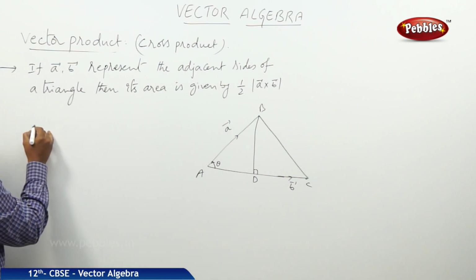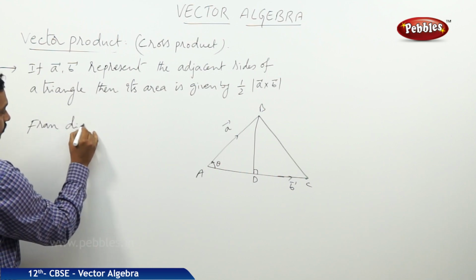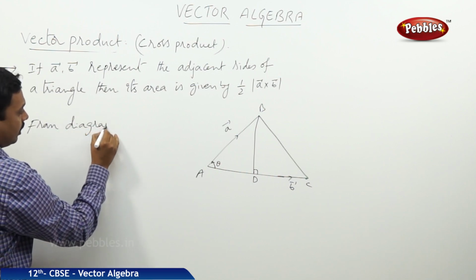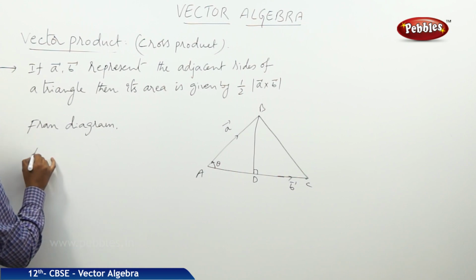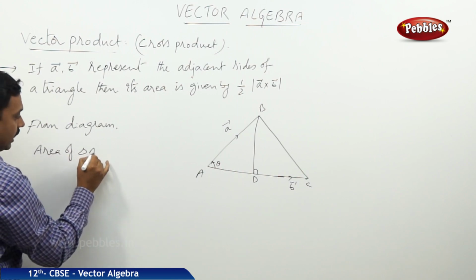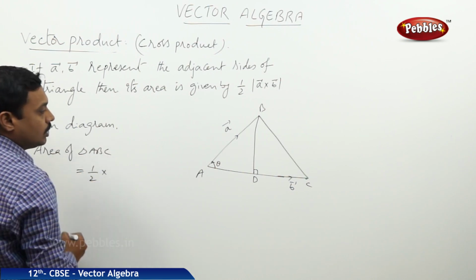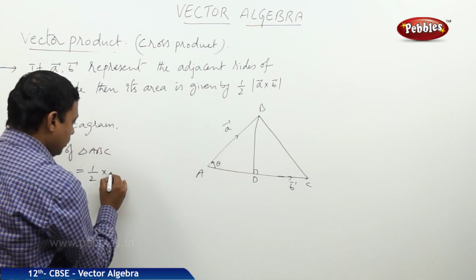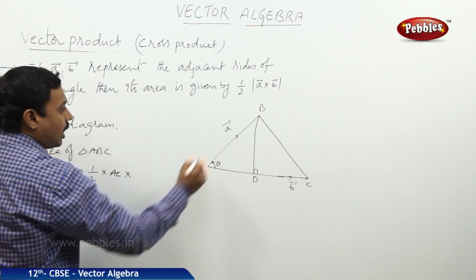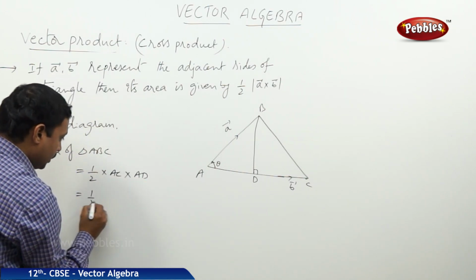Now from the diagram, the area of triangle ABC is equal to half into base AC into height BD.